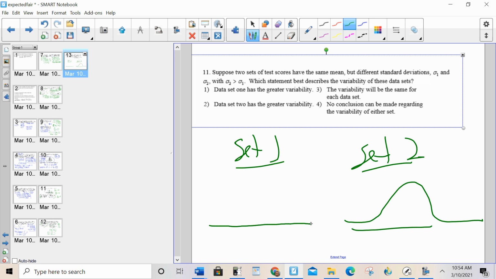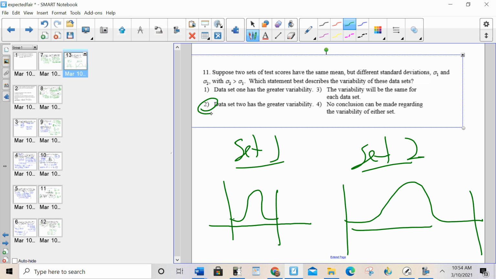If the standard deviation is less, it means that everything's going to be tighter together. Remember, as sample size increases, standard deviation decreases. So if set 2 has a greater standard deviation, it's going to have more variability. So choice 2 would be the answer. Set 1 does not have a greater variability. If the standard deviation is smaller, then the variability is smaller.